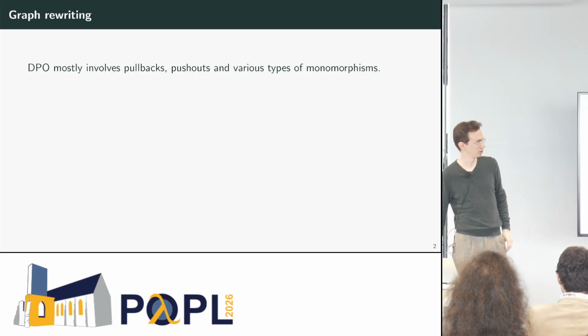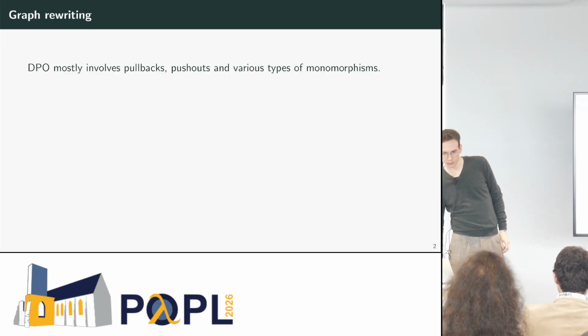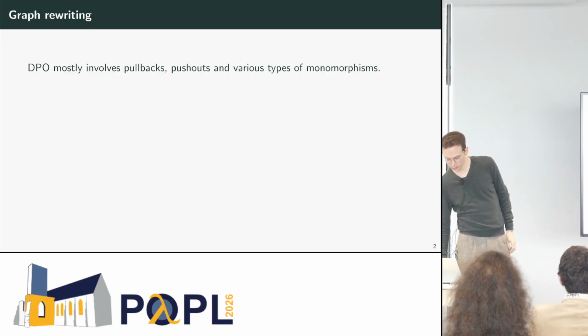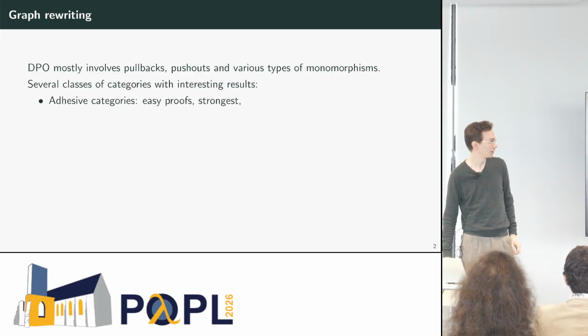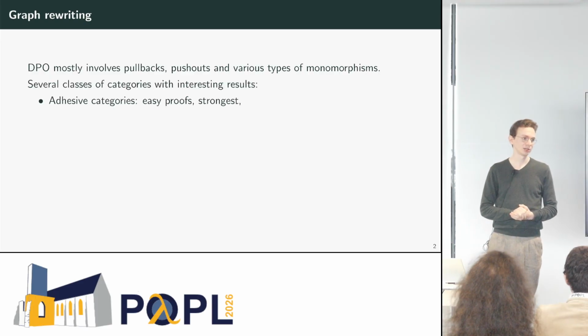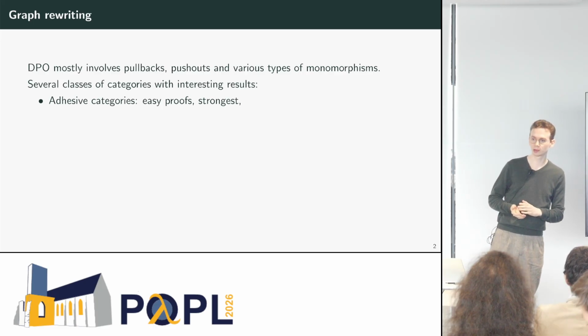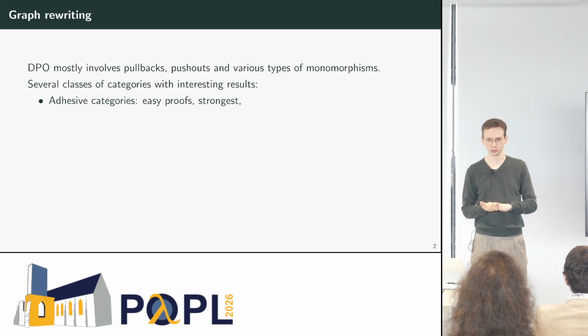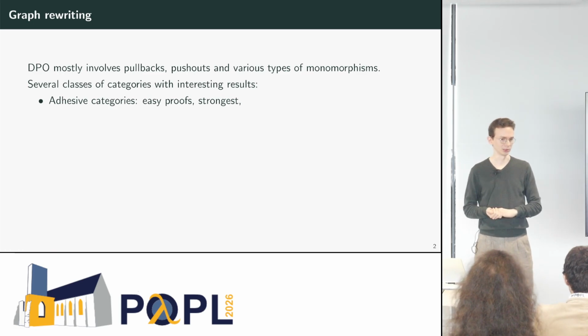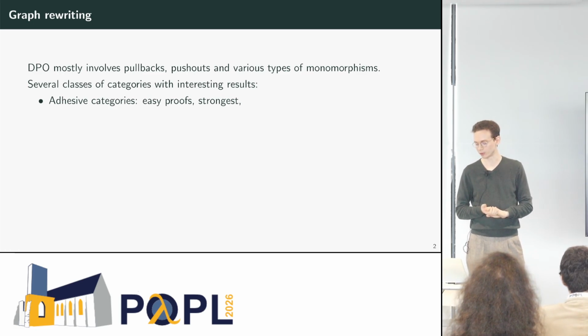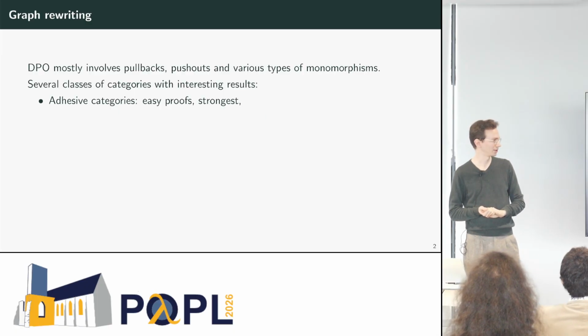Double push-out rewriting mostly uses pullbacks, push-outs, and various types of monomorphisms, such as regular monomorphisms, which are a slightly stronger notion. More importantly, we have to define the classes of categories which have the right properties in order to have interesting results with regard to graph rewriting.